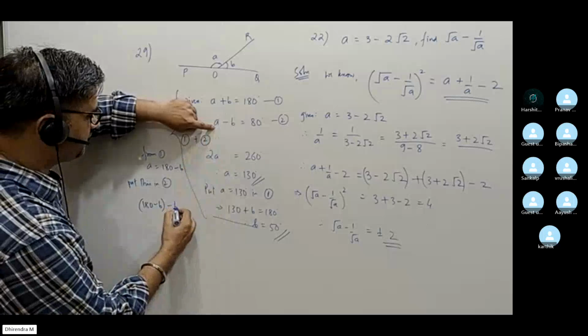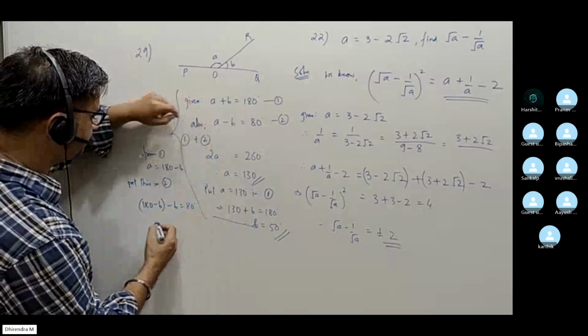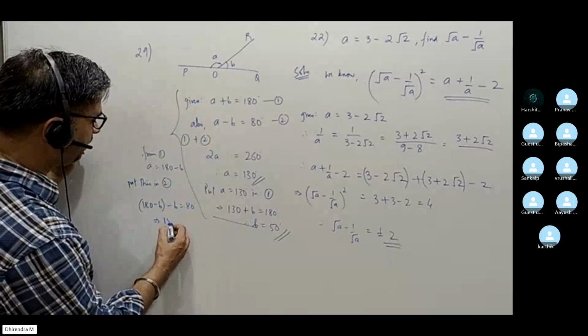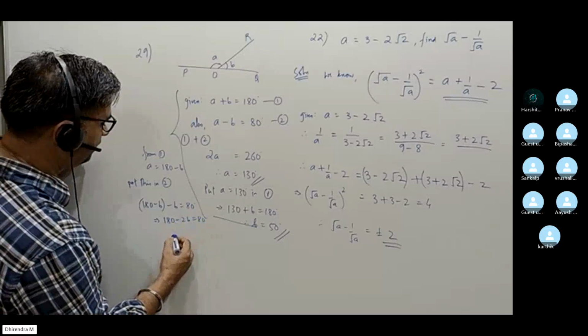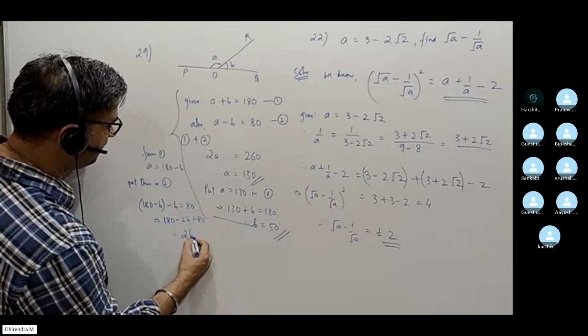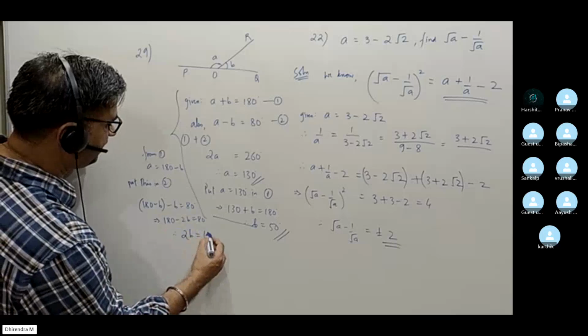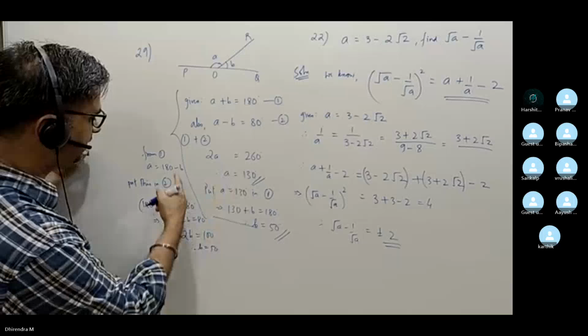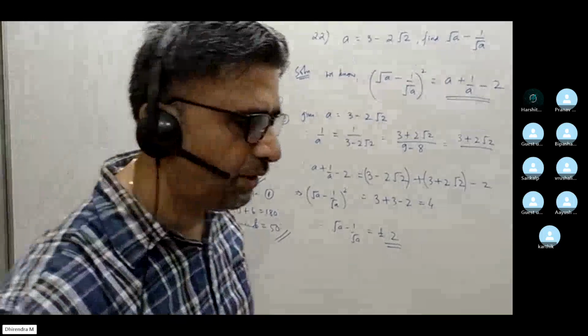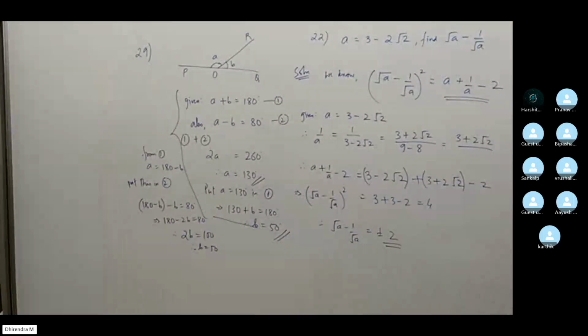From 1 we got a is equal to 180 minus b. So I've put 180 minus b, minus b is equal to 80 degree. That gets us what? 180 minus 2b is equal to 80 degree. Therefore, 2b, take it to the other side. 180 minus 80 is 100. So b is equal to 50 degree. If you are not very conversant with this, try the substitution way and you will get the same answer.